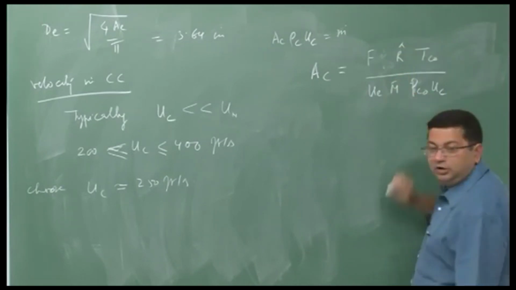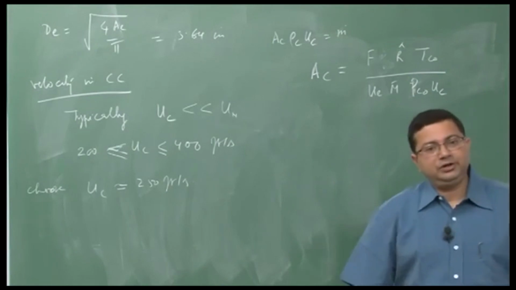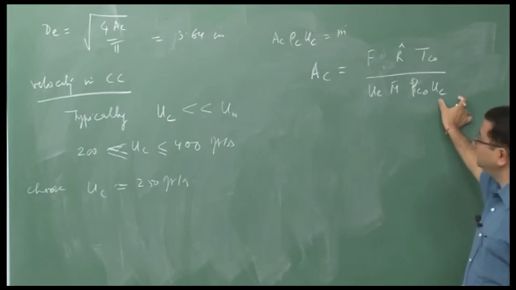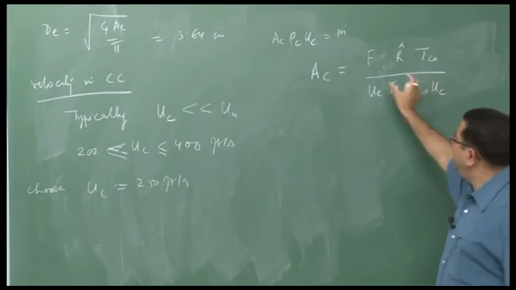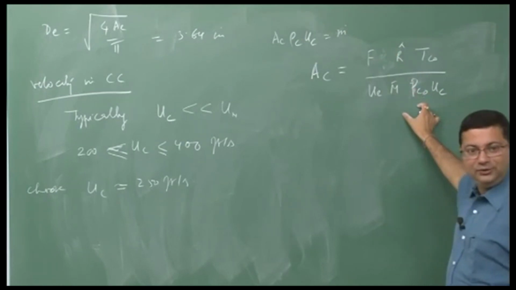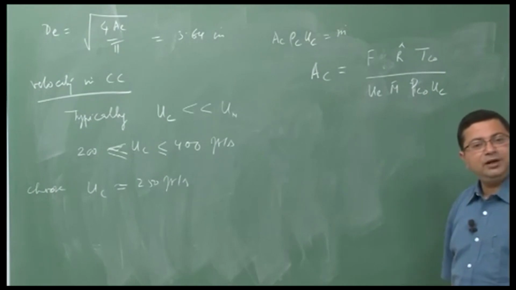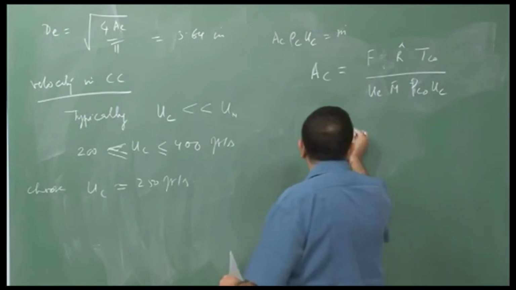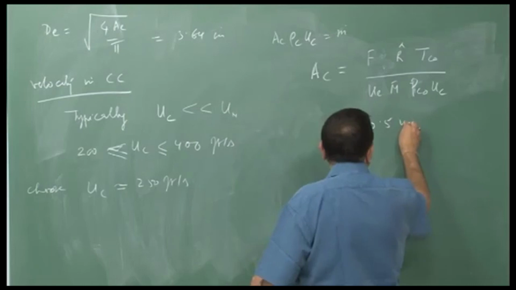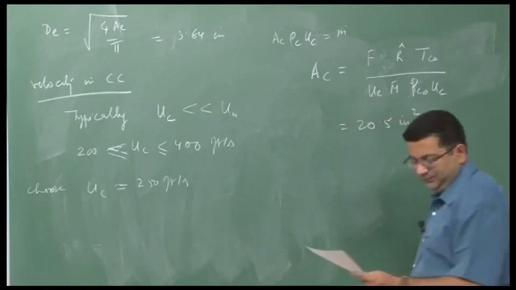This is my rho naught, that is the density in the combustion chamber, and this is u_c, right. So, we have m dot by rho_c u_c, everything here is known. So, I can get the combustion chamber area. This is equal to 20.5 square inch.